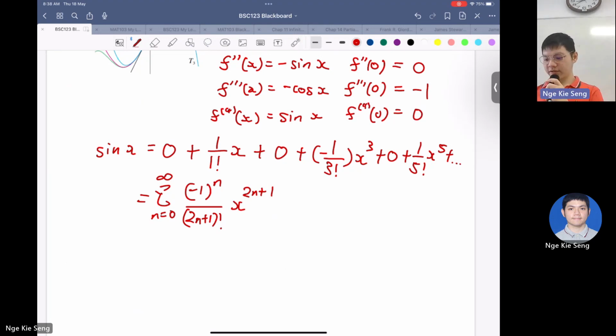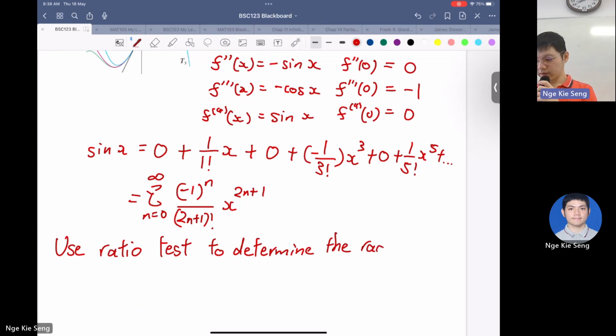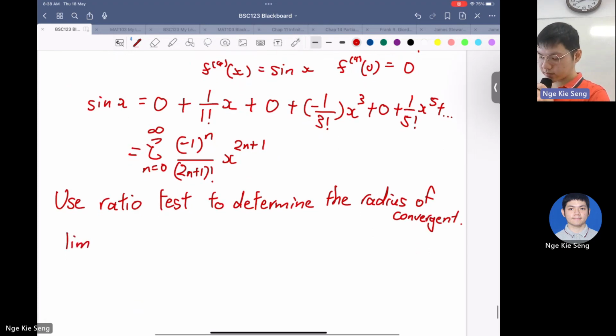What test do you use? You use the ratio test to determine the radius of convergence. So let's try a ratio test.